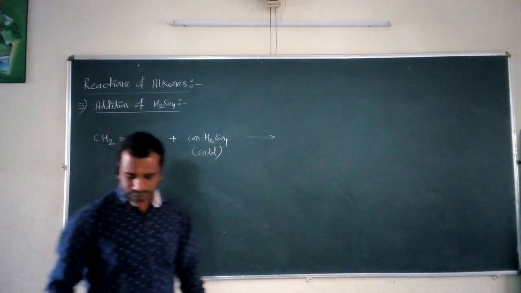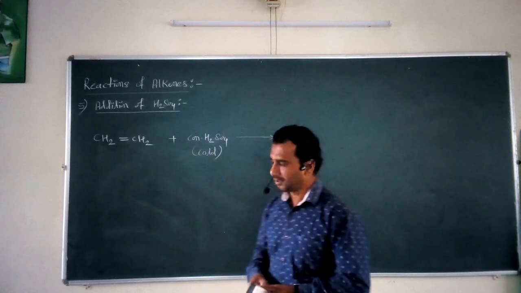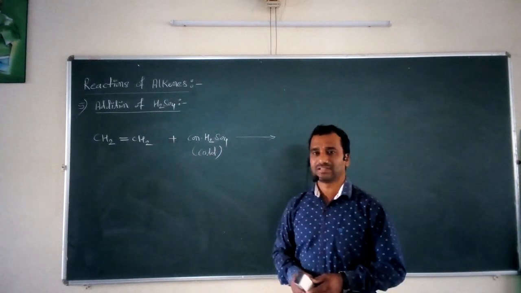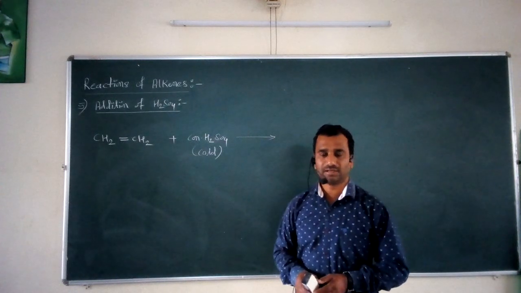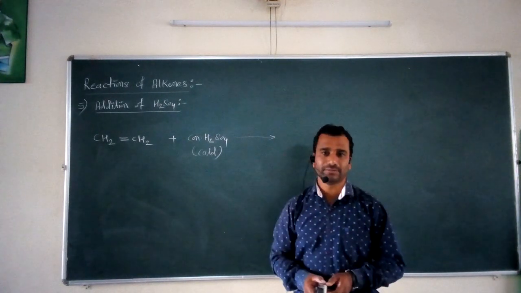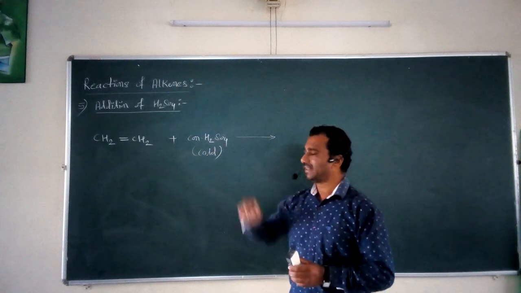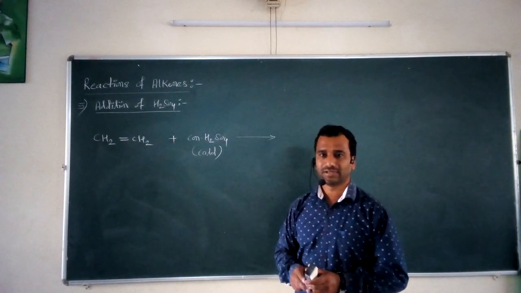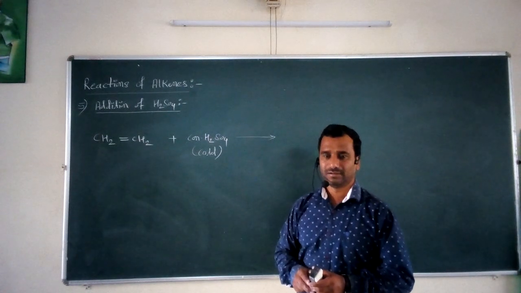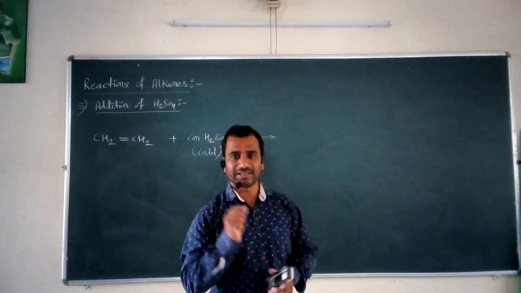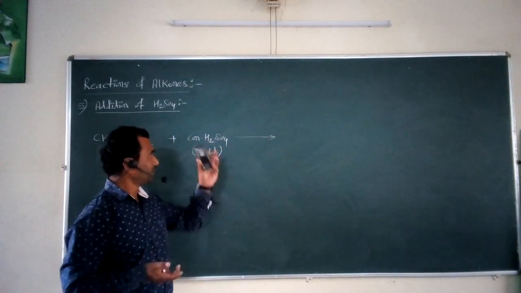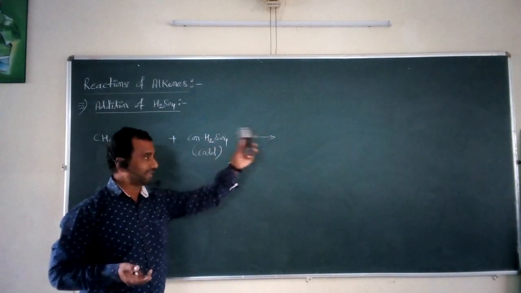Now this is a simple reactant for the consideration of these addition reactions of H2SO4 across this carbon-carbon double bond. This reaction involves the formation of a single bonded compound.